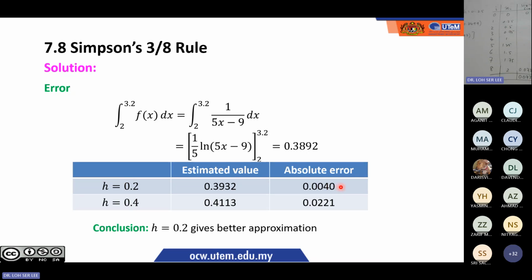Remember this one: no matter if it is numerical differentiation or numerical integration, the lower value of h will always give a better approximation. When the number of subintervals is smaller, your error will be reduced.